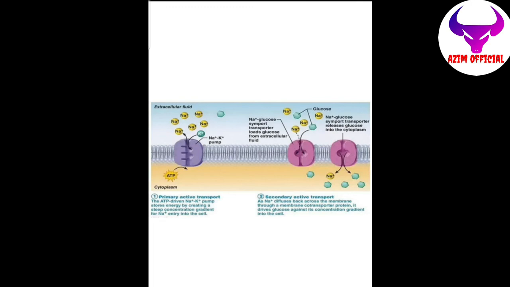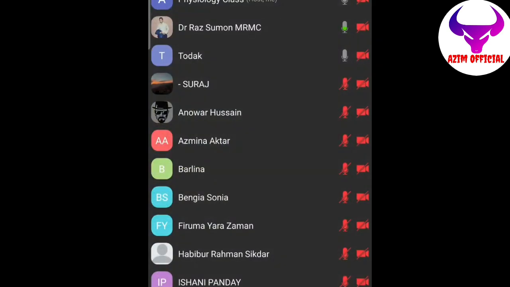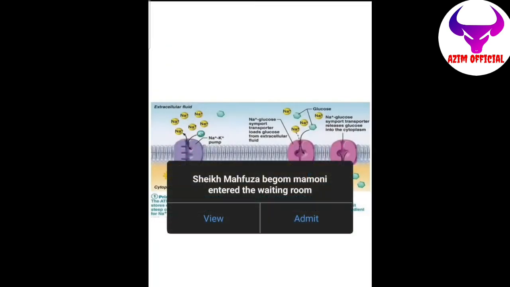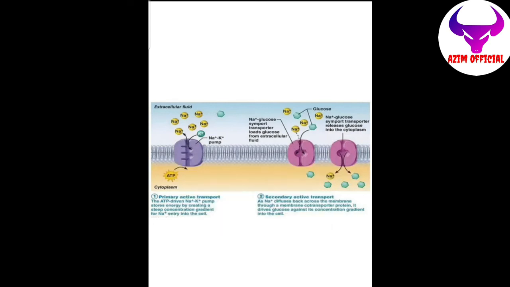This energy pushes the sodium and potassium to bind with their binding sites, and it puts three sodium ions outwards and gets two potassium ions inside. Three sodium ions go out, and two potassium ions go in.